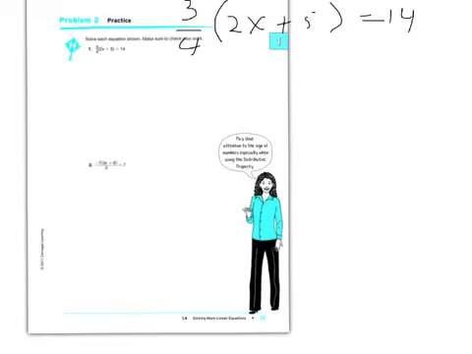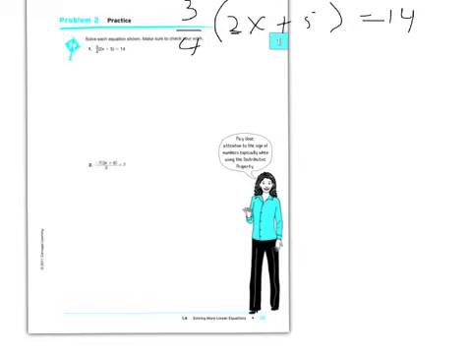We're now going to multiply, and we're going to use what is called the distributive property. Even though we haven't discussed specifically what it is, here's how it works. I'm going to multiply 3/4 times 2x, and then I'm going to multiply 3/4 times 5. I'm going to distribute that throughout the whole problem.